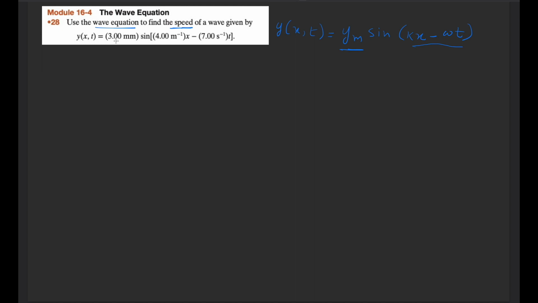So we will compare this wave equation with the general wave equation. You see that 4, which is multiplied by x, is actually k, and 7 multiplied by t is actually omega.